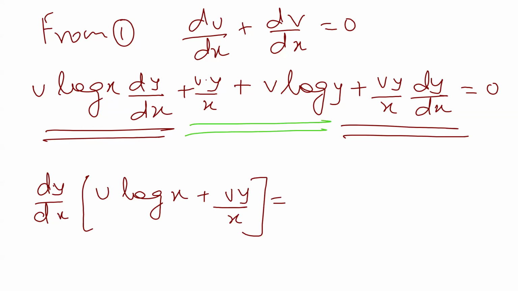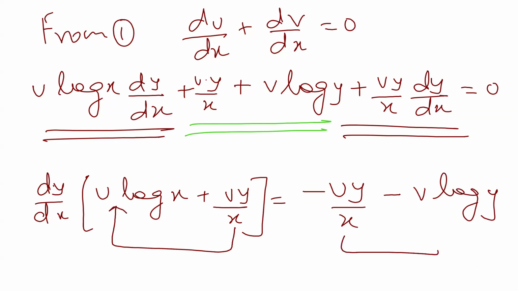These two are non dy by dx terms, so shift them to the right hand side: minus uy upon x minus v log y. Now take LCM on the left hand side as well as the right hand side.